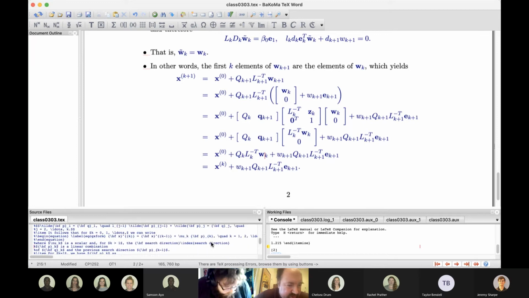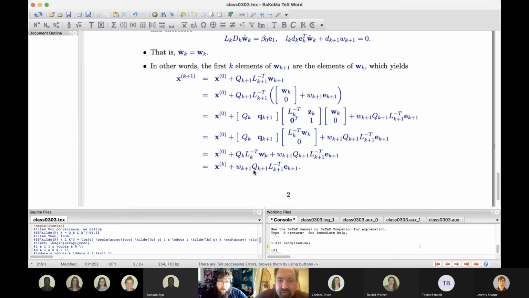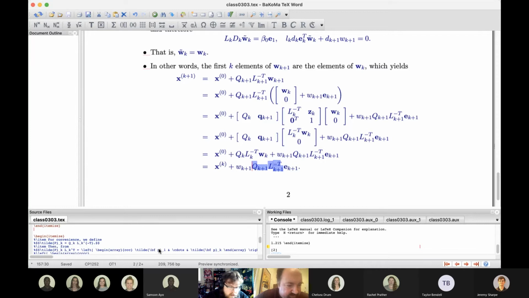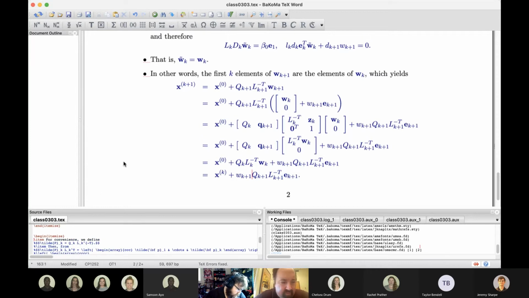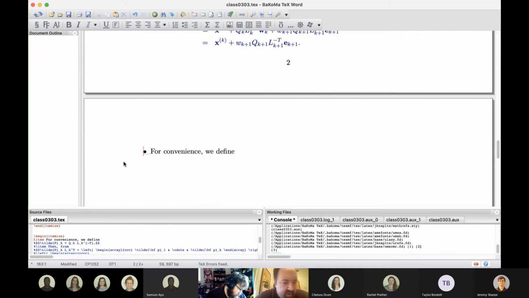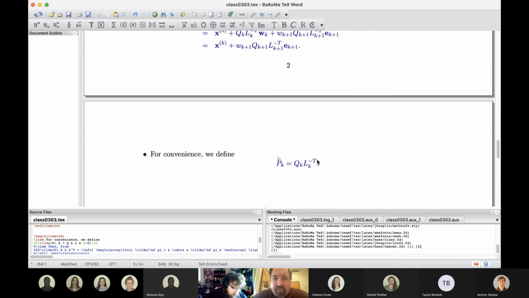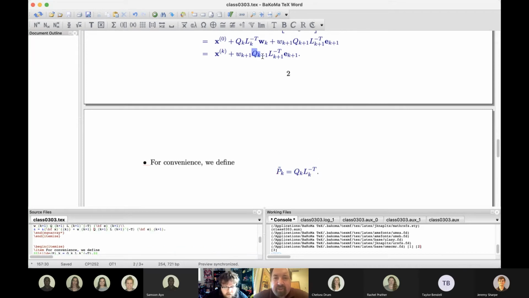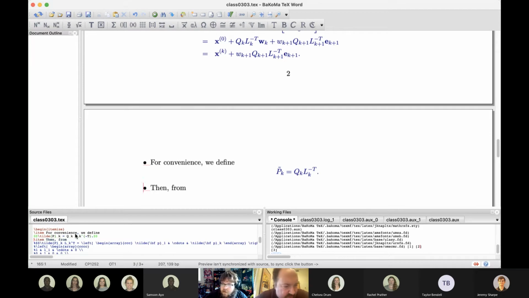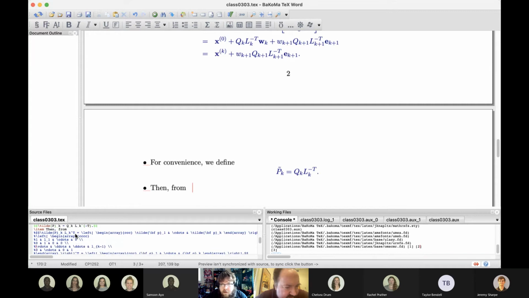Okay, so now what I'm going to do is take a closer look at this matrix right here. So I'm going to make a definition. P_k tilde is Q_k L_k inverse transpose. It's exactly this matrix here, just a different index. And what does that give me?